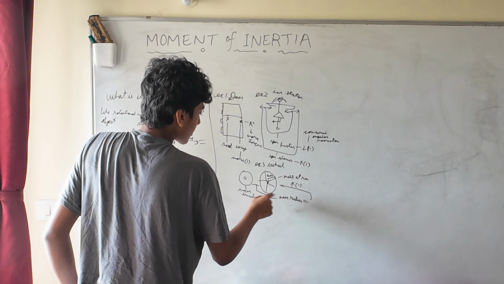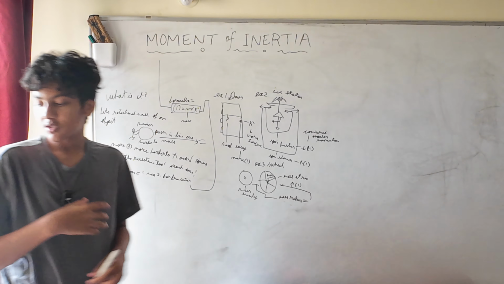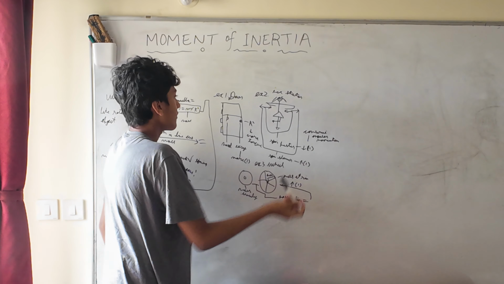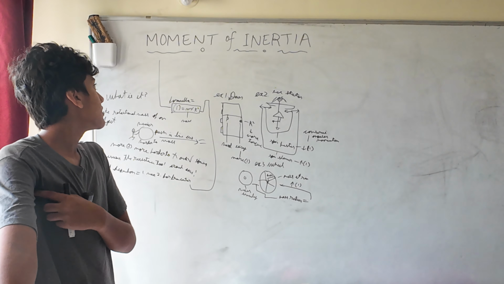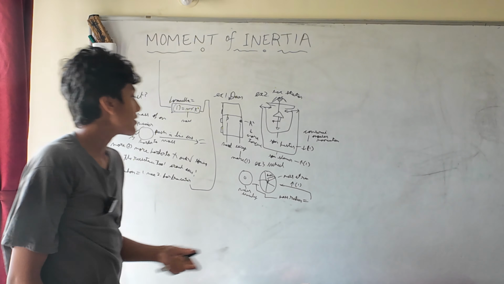Because of this, the bicycle wheel has more MOI, because the mass is at the rim instead of being evenly distributed. From the last example, the more outstretched the mass is, the more moment of inertia it has, and that's the same with the wheel.